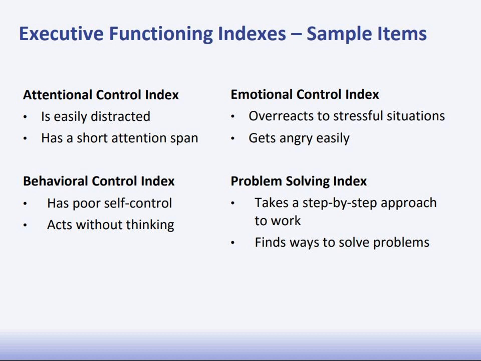In the attentional control index, it includes items like is easily distracted, has short attention span. The behavioral control index includes items like has poor self-control. The emotional one includes things like gets angry easily. And then the problem-solving index includes items like takes a step-by-step approach to work, finds ways to solve a problem.